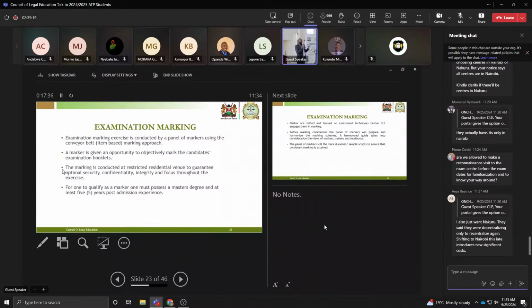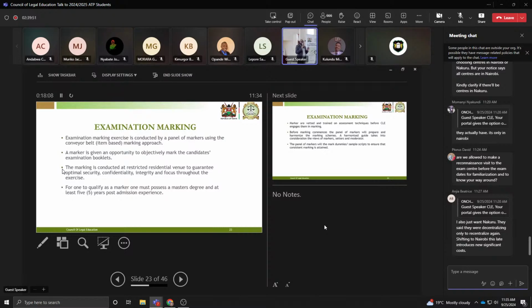Each unit has a panel of 4 or 5 markers. Now, in a conveyor belt system, no single script is marked by an individual marker. So, if we are seated 5 of us, when you have your script, we will divide, for instance, that I'll mark question 1, another person will mark question 2, another one question 3, another one question 4, and another one, the last question.